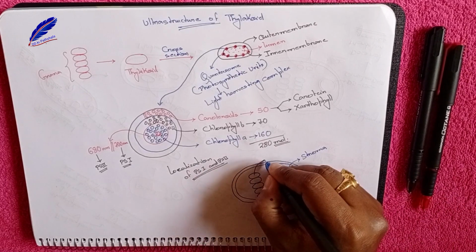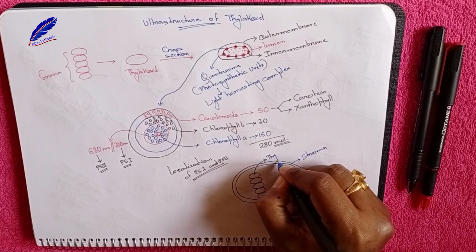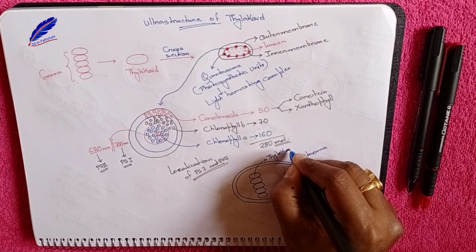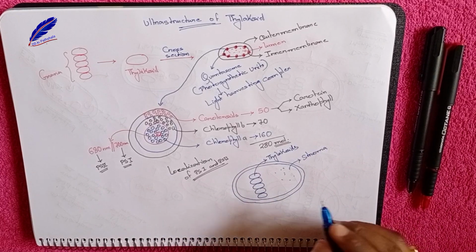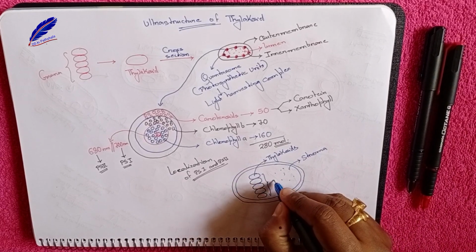And these are the thylakoids, and the piled thylakoids together are considered as grana.